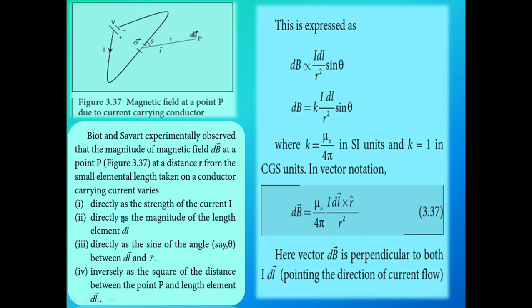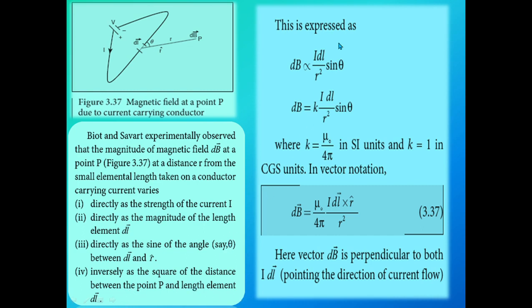Directly as the strength of the current I, directly as the magnitude of the length element dl vector, directly as the sine of the angle theta between dl vector and r cap, and inversely as the square of the distance between the point P and the length element dl vector.